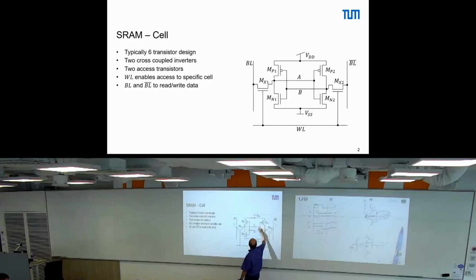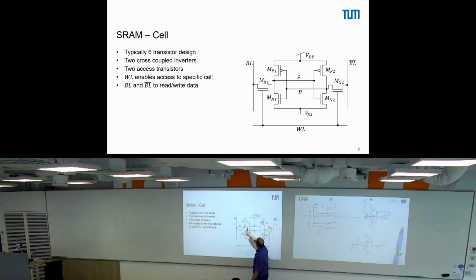Here we have a logic 1 on the other side. If we now close here, the electrons from here should go into the bit line. But at the same time, since this is not an immediate process, the voltage here is increased.